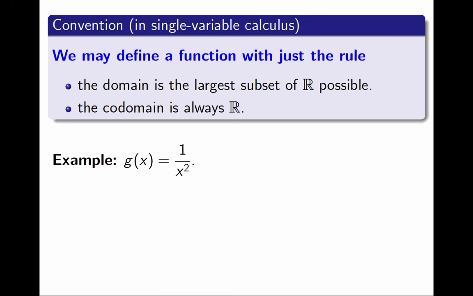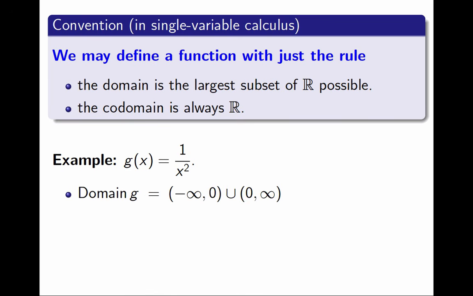For example, when I define the function g by the equation g of x equals 1 over x squared, if I do not say anything else, implicitly I mean, for which values of x does this equation make sense? I can divide by any non-zero number, so x can be any real number except for 0.